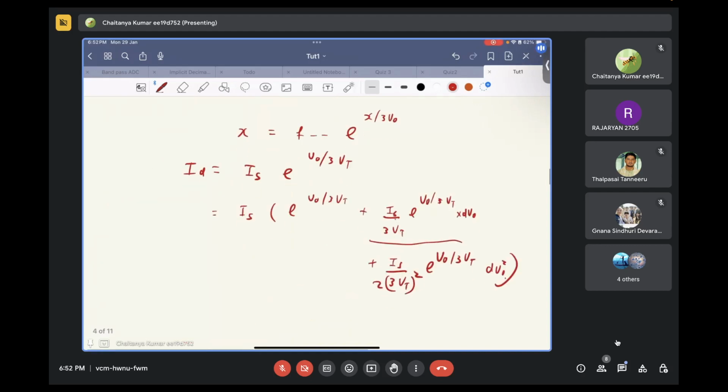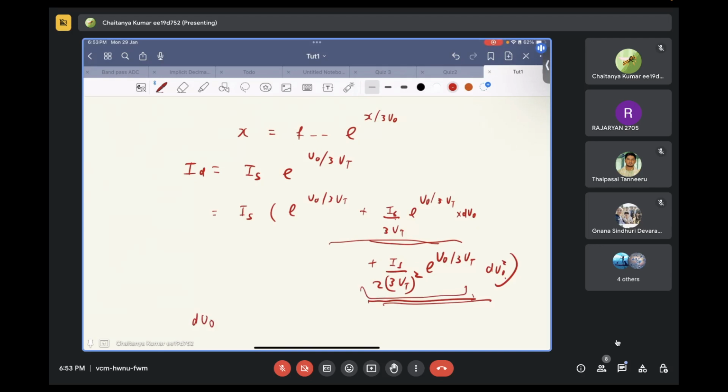Let's say you are not confident enough that the first order approximation is good enough. What you can do is also include the second order term. So now you have a quadratic relation between ID and the output voltage V naught. You recalculate the dV naught that you want, and check how much variation you have seen in dV naught when you neglect the second order term versus when you include the second order term.